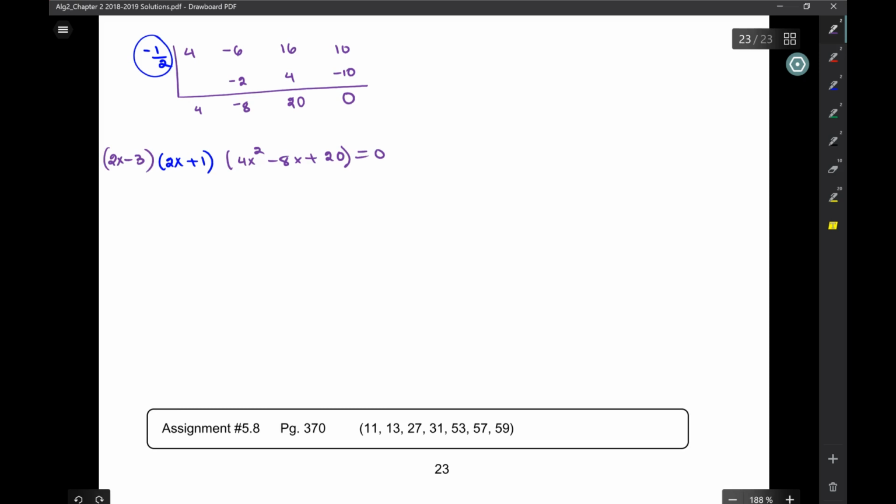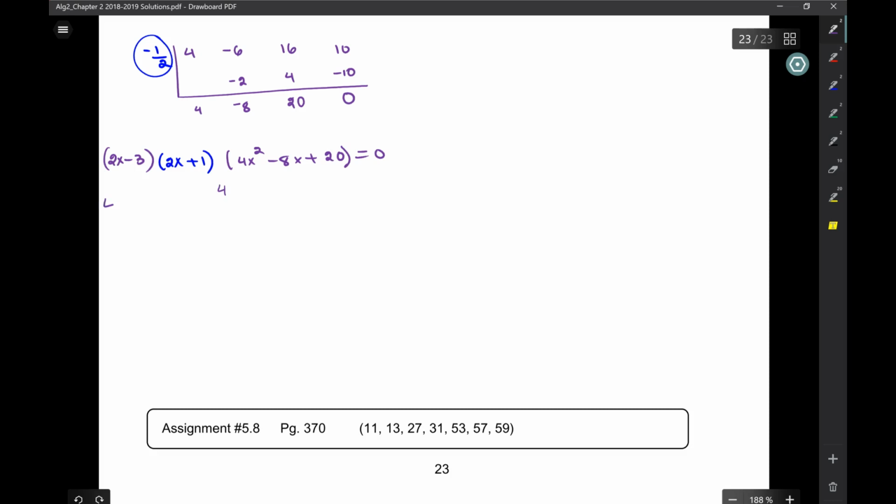Now we're going to factor that one. Can I factor out a 2 from here? Can I factor out a 4 from here? You don't do the same problem, you do the depressed polynomial. I can factor out a 4 from here. But when I factor out a 4, I don't have to write it over here.